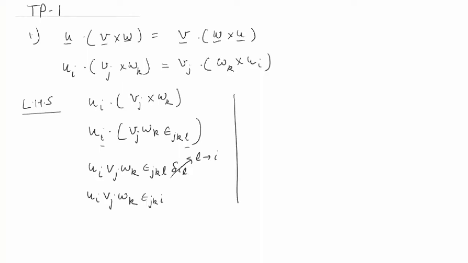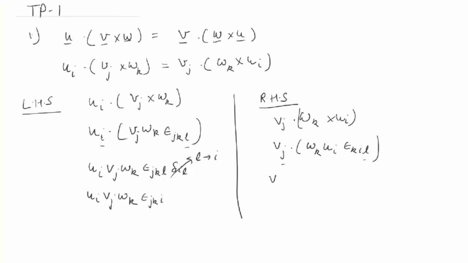Now I will solve the right hand side. On the right hand side, vj dotted with wk crossed with ui becomes vj wk ui e k i l. Now again j and l will be dotted.